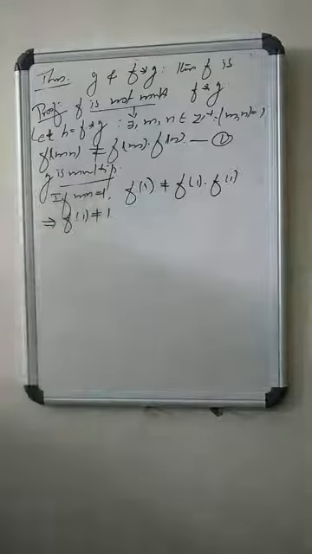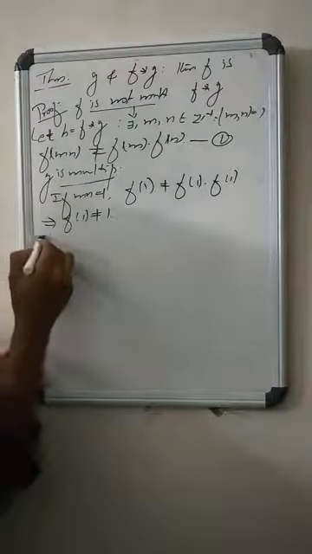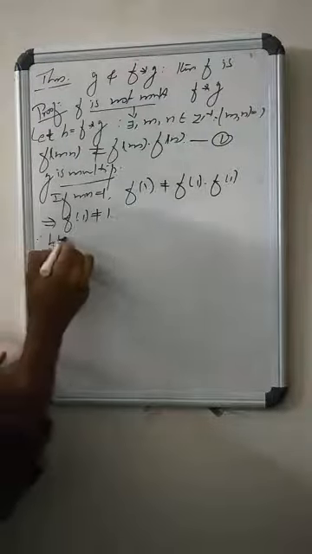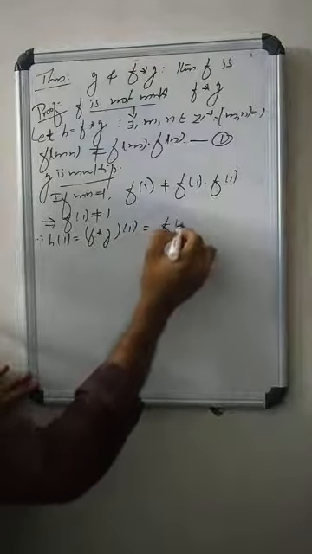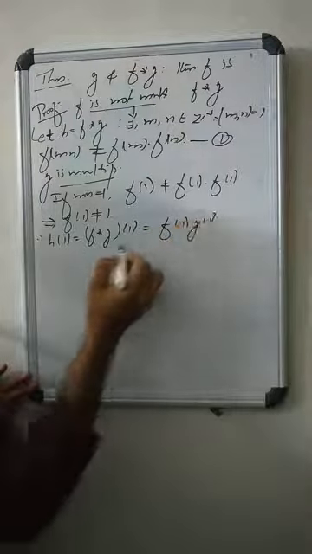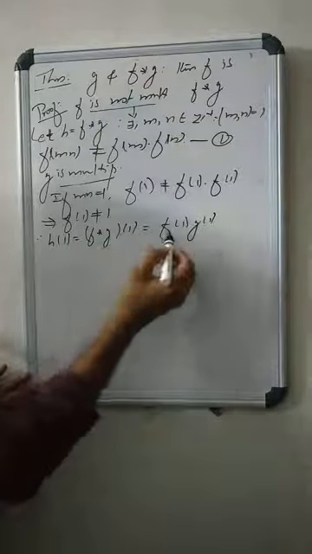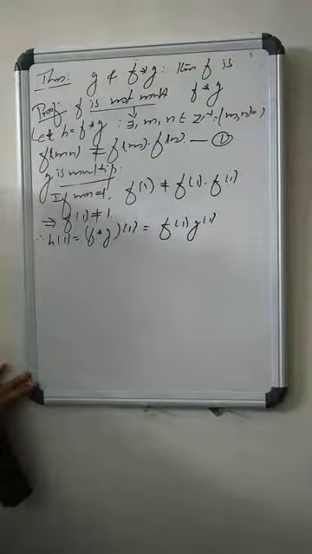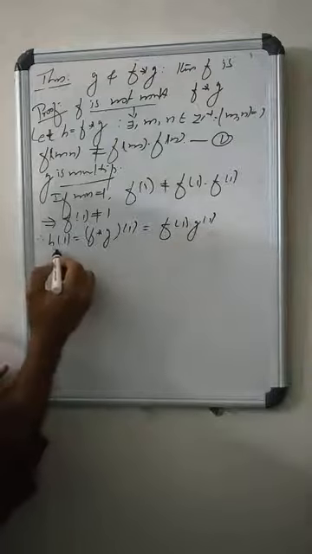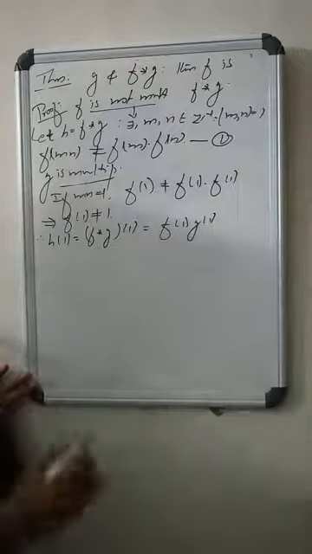Okay. Next, what about h of 1? h of 1 means f star g of 1. By definition, the sum over d dividing n of f of d times g of n by d, here n is 1, so it is f of 1 times g of 1.